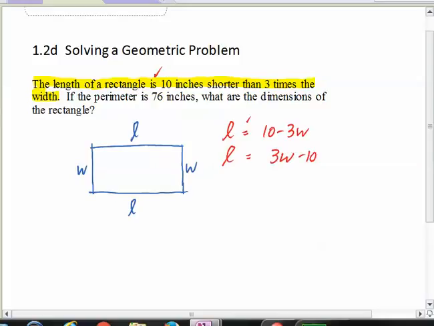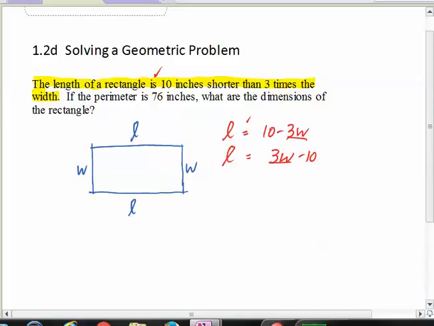I'm putting both of those out there because I want you to think about what to do when you see something shorter than: 10 inches shorter than 3 times the width. So there's the 3 times the width right there. 10 inches shorter than something, well, doesn't the something have to be there first so that we can then take the 10 inches from it?